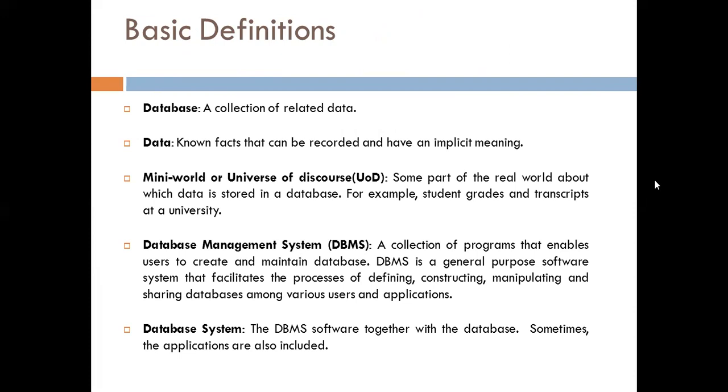Anything we can store is data. When we are talking about a person, all the details about that person which can be stored on a digital platform become the data. Maybe his name, age, date of birth, address, phone number, email ID, blood group. They are all part of data.